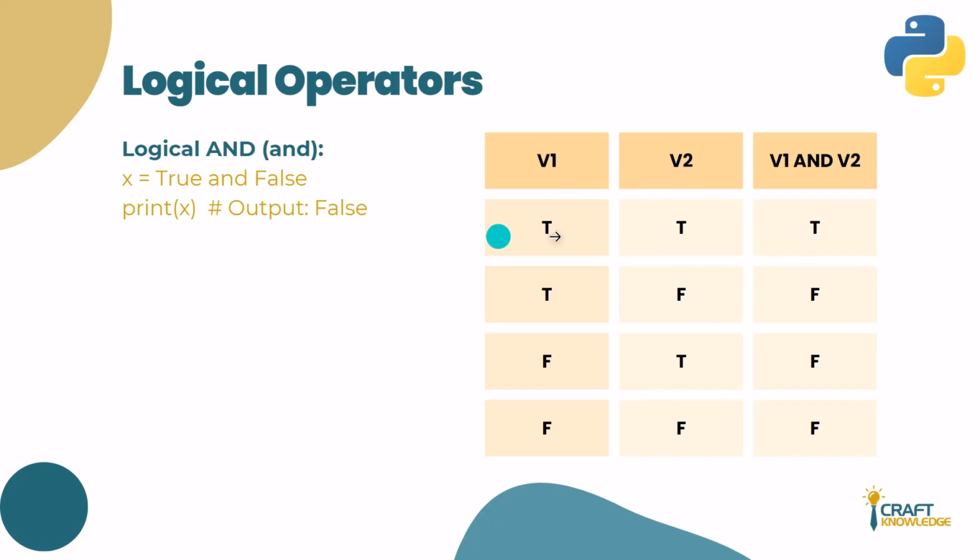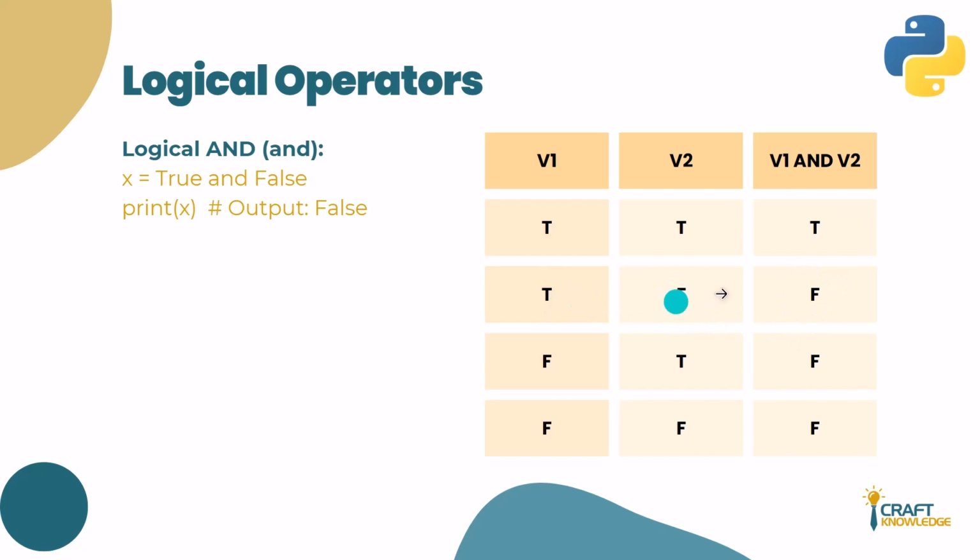Let's consider this first scenario. The first variable says true, the second variable also says true. So the answer of true and true is going to be true. In order to get true with the AND operator, all the conditions have to be true. And if any of those conditions is false, then the output is going to be false, right?